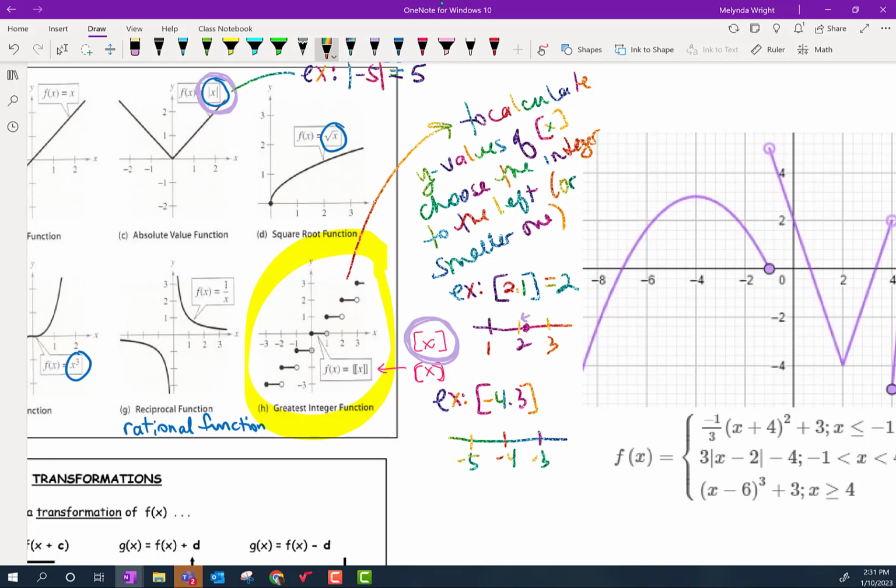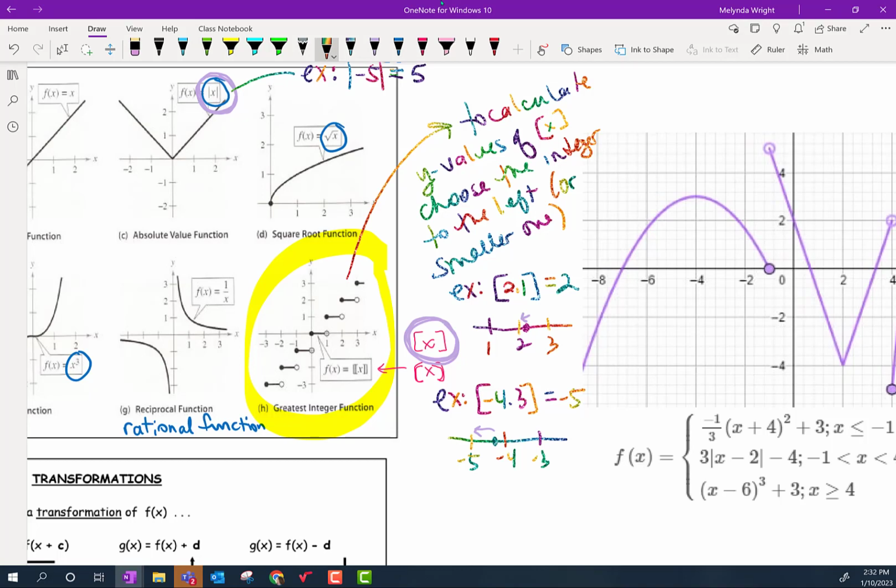So negative 4.3 would be around right here. Now we got to keep in mind we want to go left. Our integer that's going to be the result of our work is the integer to the left. So the greatest integer of negative 4.3 would be negative 5.